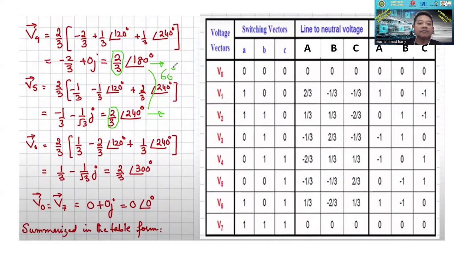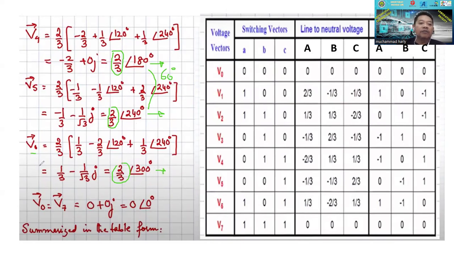And here for vector 5, we get the same amplitude, 2/3, with the direction of 250 degrees. And finally, for vector 6, we get 2/3, but the direction is the maximum, that means it's 300.